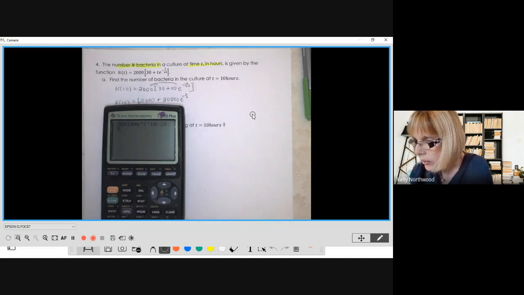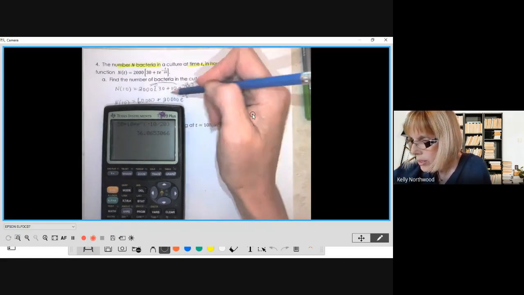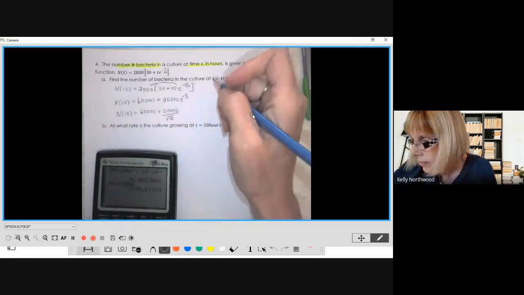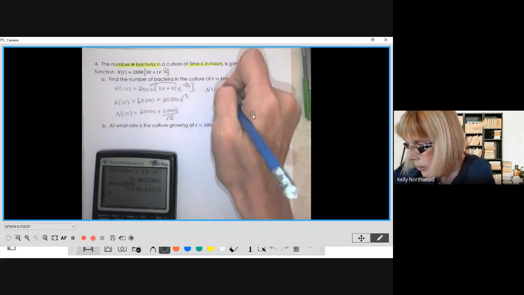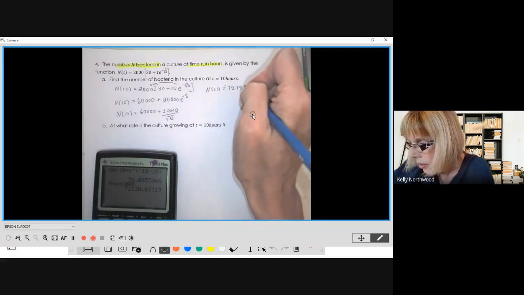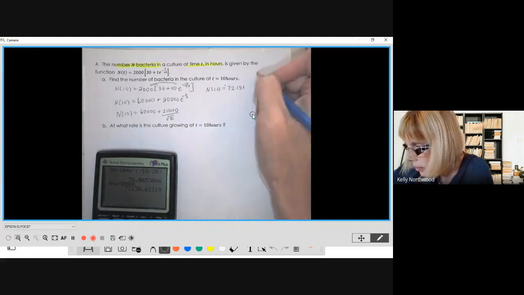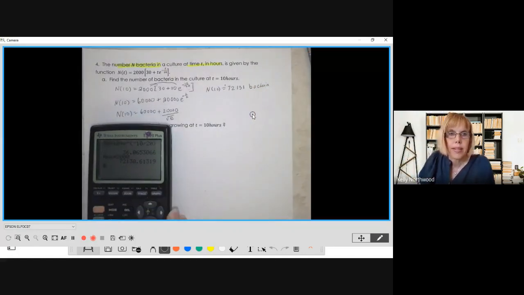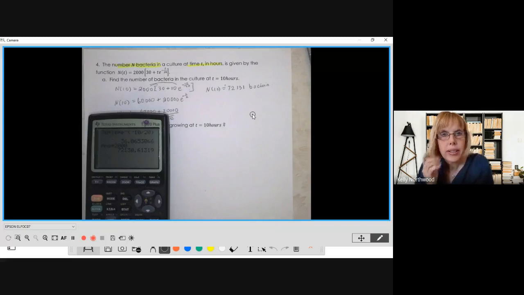Negative 10 divided by 20, closing bracket, equals, so that's what's inside the brackets, and then multiply by 2,000. And I get N at 10 is approximately 72,130, I guess I could round to the nearest bacteria, 31 bacteria. So make sure you can get that in your calculator using your e button.